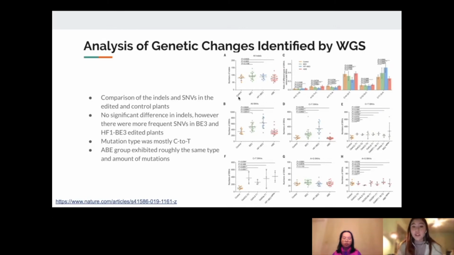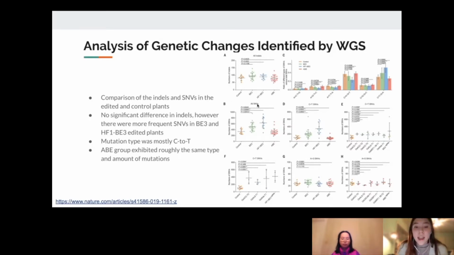So these charts show the results that were found in whole genome sequencing that reference the number of indels, or insertion deletions, between these four different groups of plants. And then they show the frequency of different types of single nucleotide variants that were in between all of these plants.